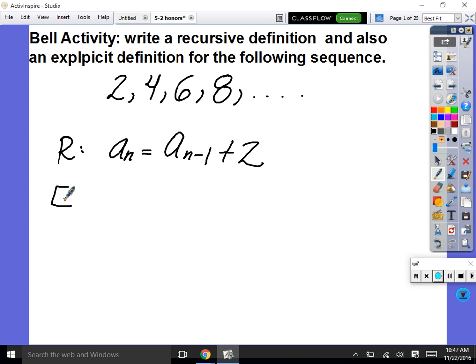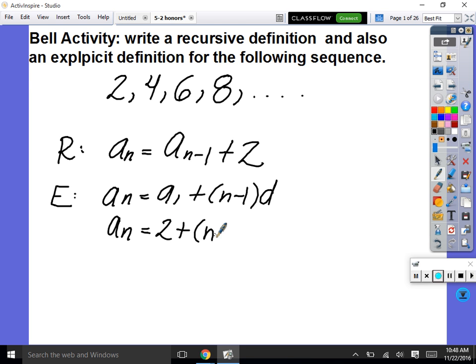Then an explicit definition allows us to find any term in a sequence no matter what. You don't have to have the previous term. Now the formula for an arithmetic sequence, look at the top, is A sub n equals A sub 1 plus n minus 1 times the common difference. So our first term is 2, so A sub n equals 2 plus n minus 1.